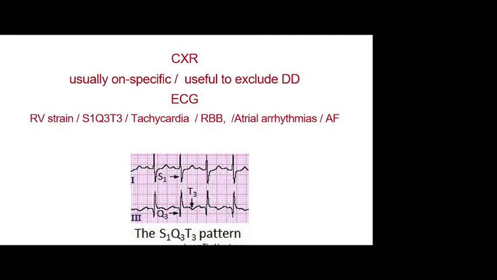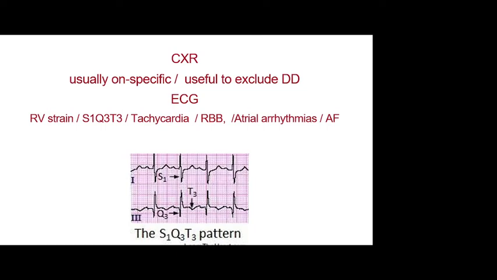Chest X-ray and ECG are widely available bedside tests. Chest X-ray is very important to exclude possible differential diagnoses like pneumonia and pneumothorax. We can happily exclude them with the chest X-ray. In ECG, it will show the peculiar S1, Q3, T3 pattern as shown in the picture, but it is not always common.